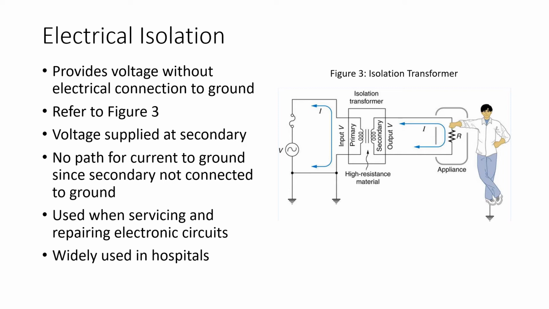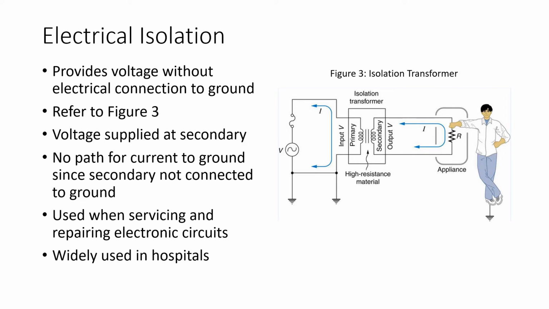So you can safely touch this circuit and not have a path for current back to ground. So the electrical isolation is provided to provide electrical safety. Now, these isolation transformers are used when servicing and repairing electronic circuits.